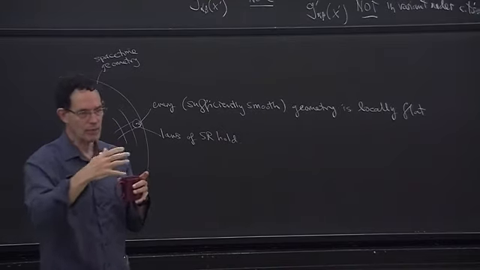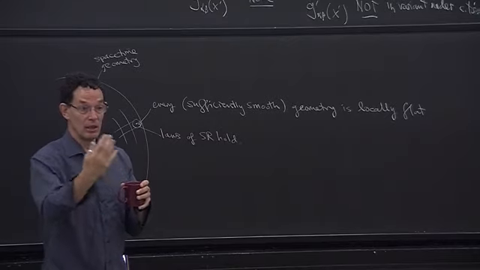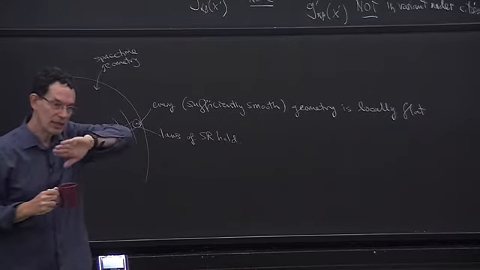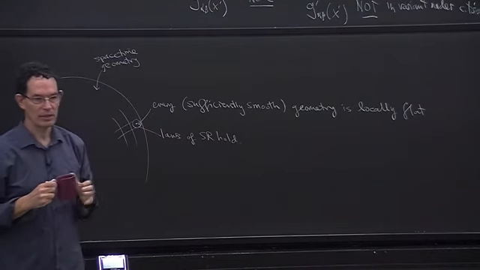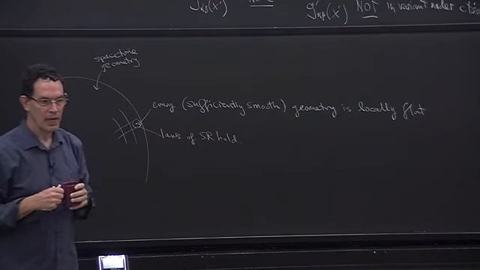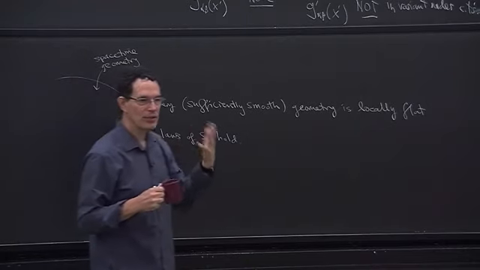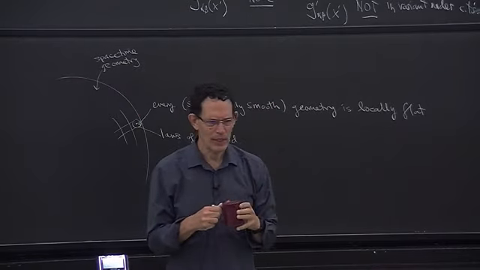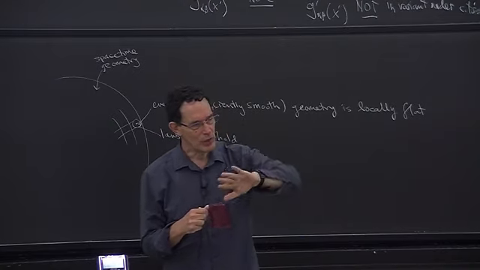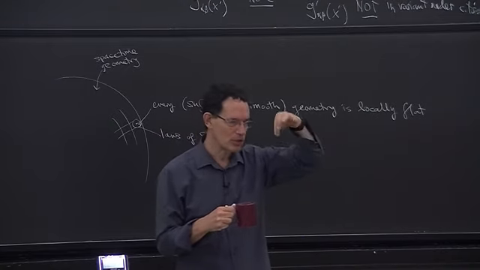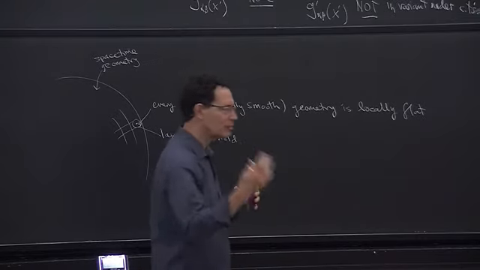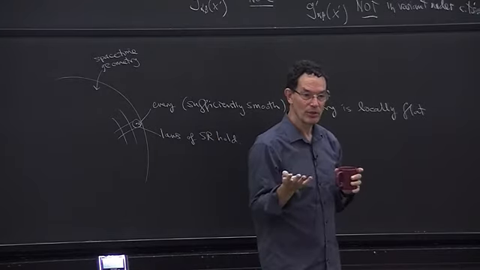So for short times, short distances, you recover special relativity just because geometrically any curved space is locally flat. In fact, that's one of the hypotheses of Riemannian geometry, invented by Riemann in the 1820s or 1830s, that whatever curved space you think about, it should be locally flat.